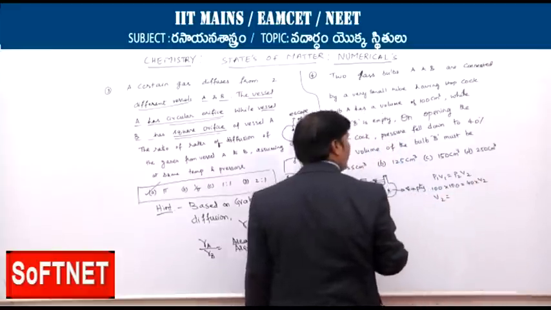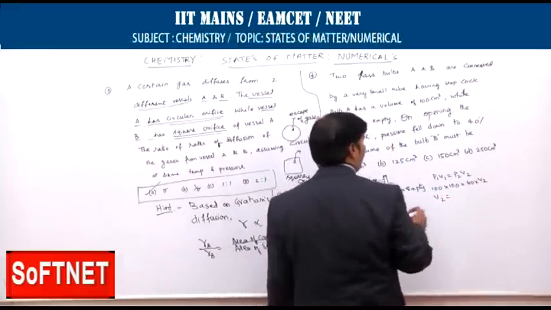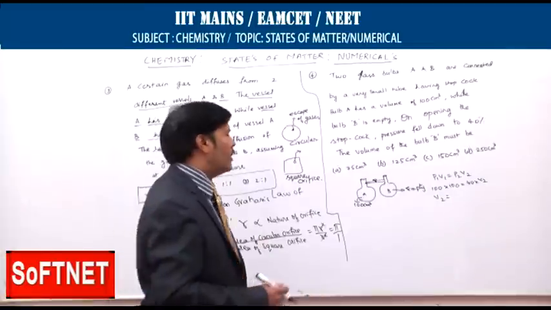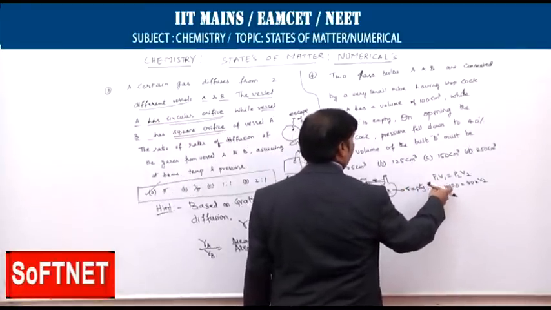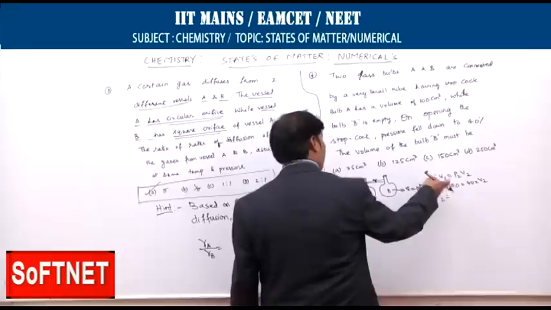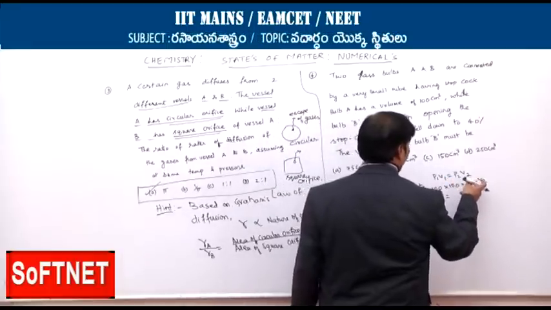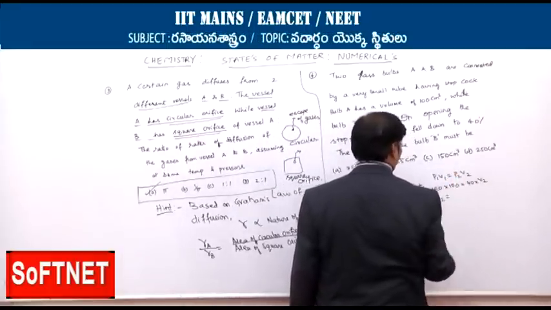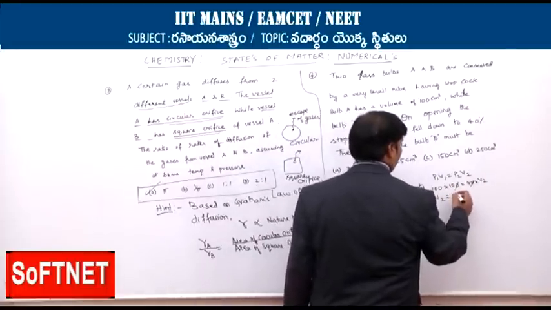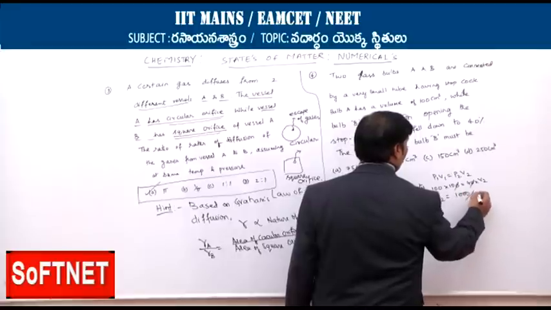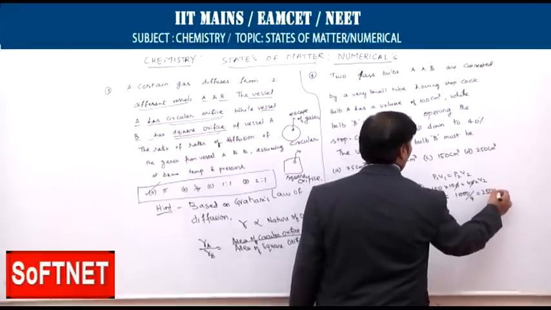The zero gets cancelled, 1000 divided by 4, which is equal to 250 centimeter cube.